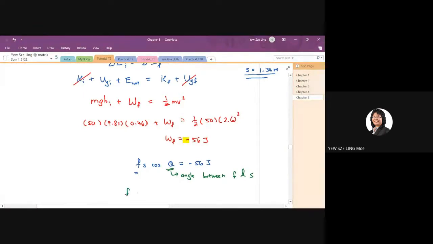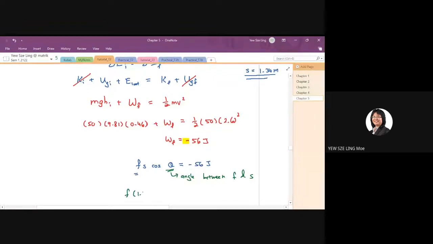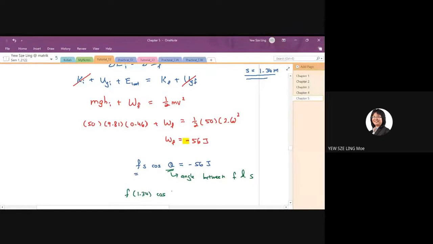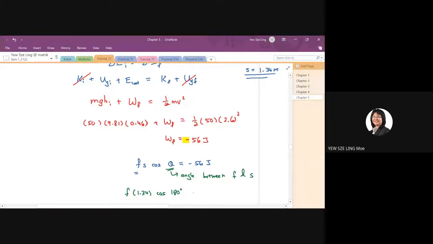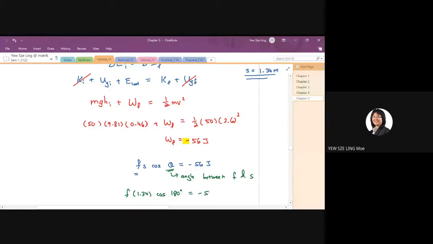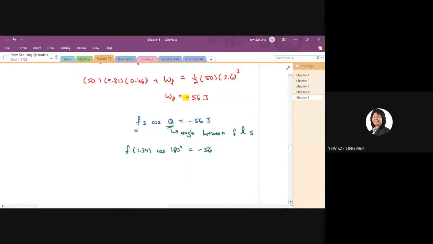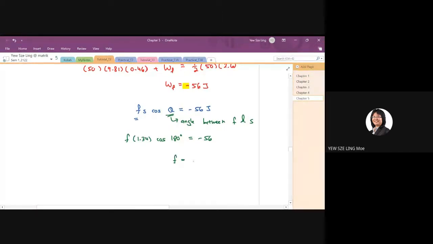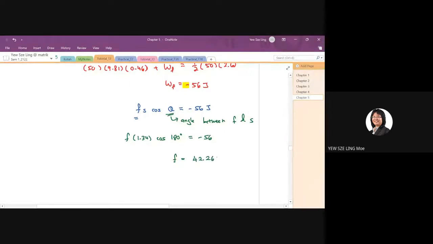So F times S, which is 1.34 meter, times cos 180 degree, is equal to negative 56. By rearranging the equation, F is then equal to 42.26 Newton. So that is how you solve it.